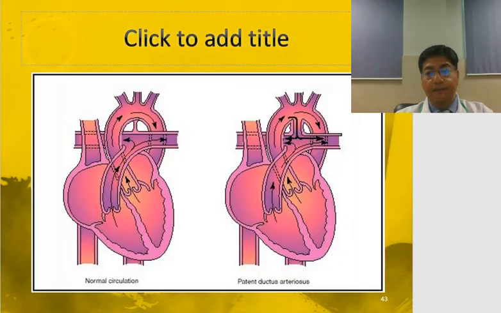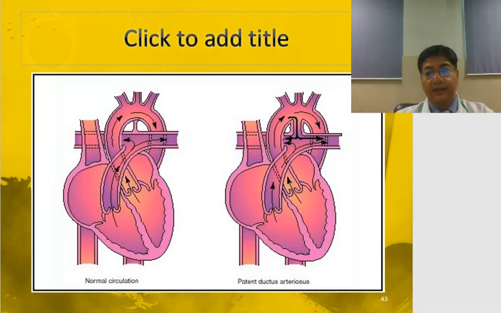If you look at the location of the ductus arteriosus, it is closer to the left subclavian artery. Mostly it is at the site of origin of the subclavian artery, sometimes after the origin of the subclavian artery.